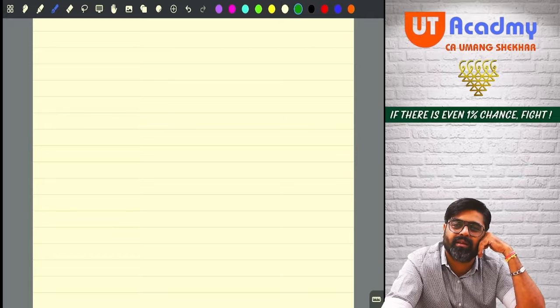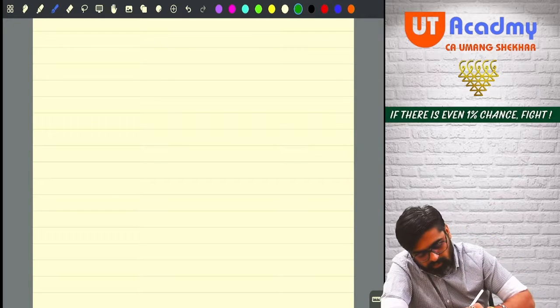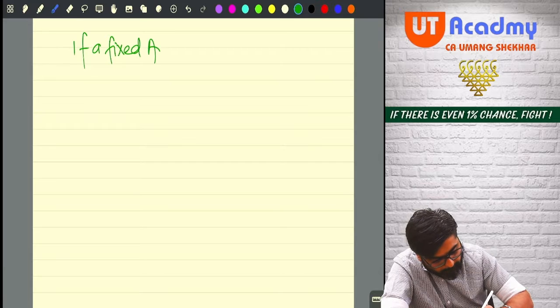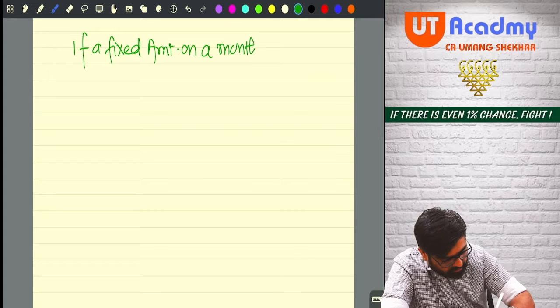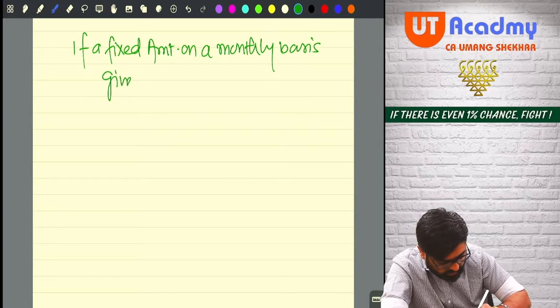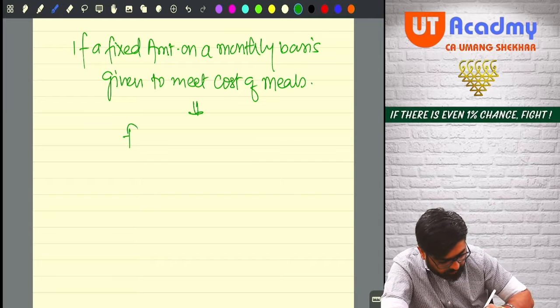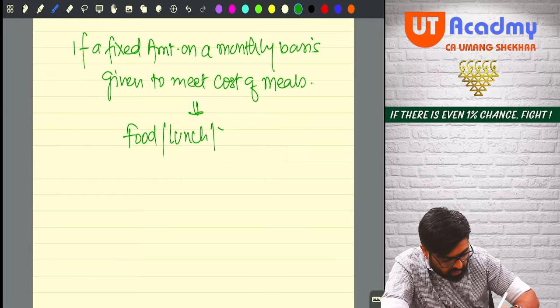So if a fixed amount on a monthly basis, meaning regularly, is given to meet the cost of meals, that is either a food allowance, lunch allowance, or tiffin allowance.